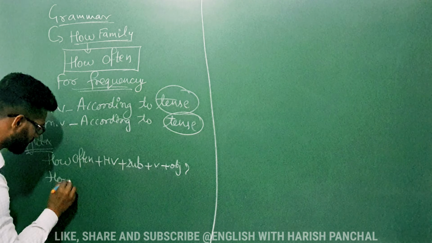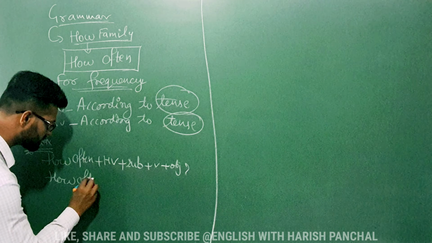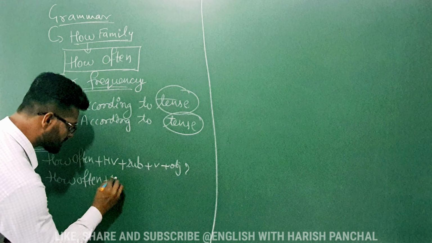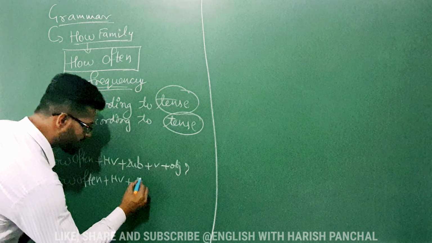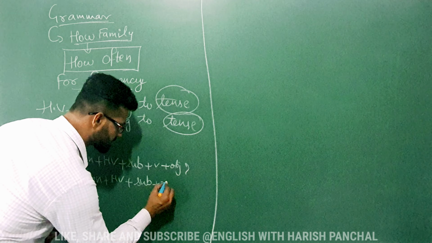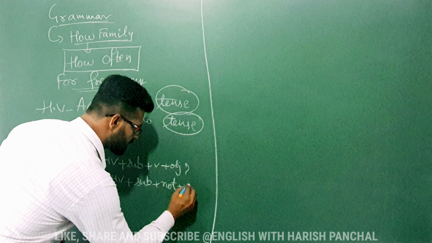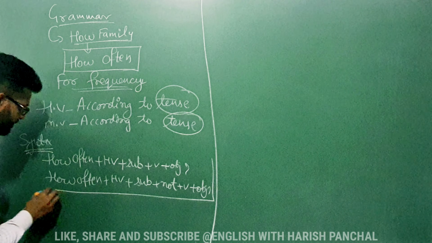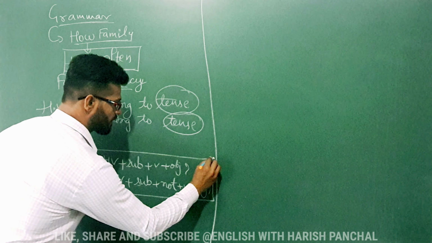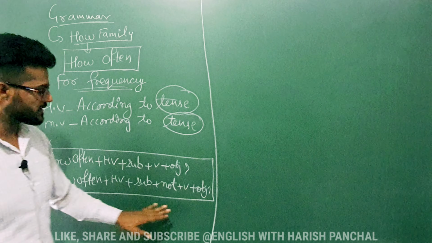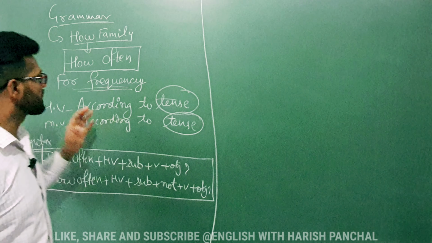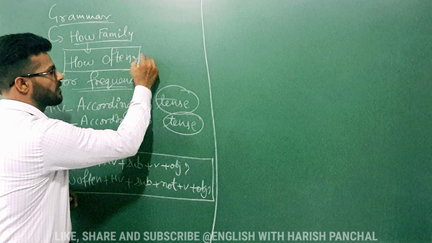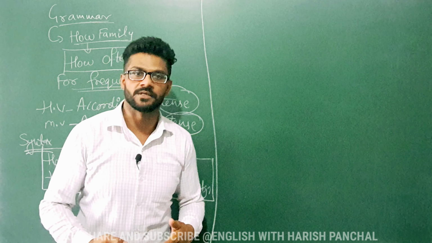For negative: how often plus helping verb, then subject, not, verb and object. So this is your syntax, and today we discuss how often, means how frequently you do this work.